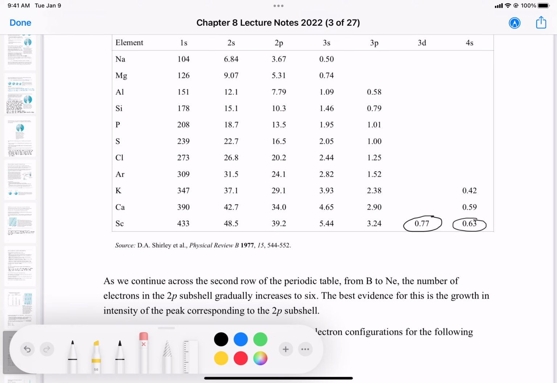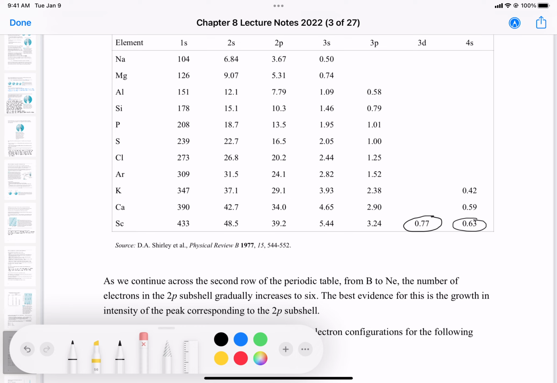Remember that radial function graph I showed everyone? The less s character your orbital has, the further away it will be from the nucleus, so it'll be harder for an electron in the d orbital to be close to the nucleus.